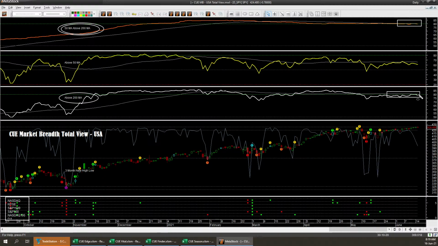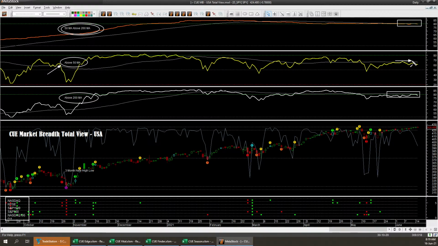In the last webinar I mentioned, though SPY was making new all-time high and QQQ just made a new all-time high, the yellow line, percentage of stocks above 50 MA, was not showing that bullishness. This is of course the most sensitive one to price, so we look at this more to decide swing trades.